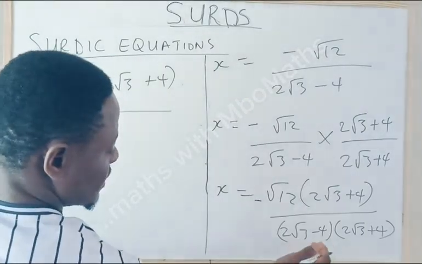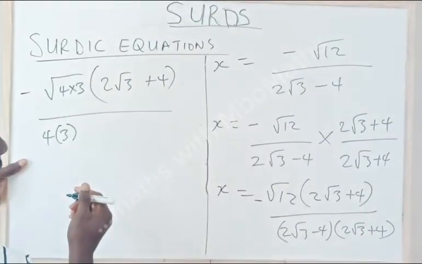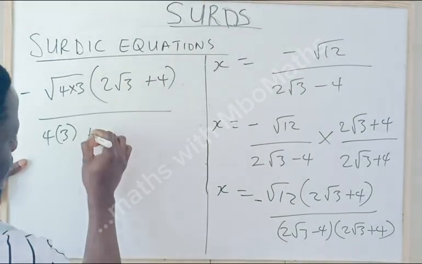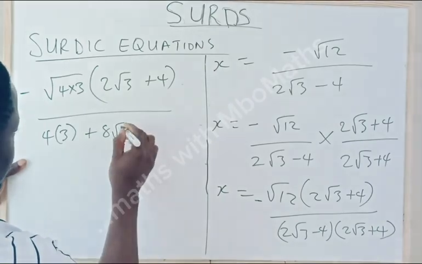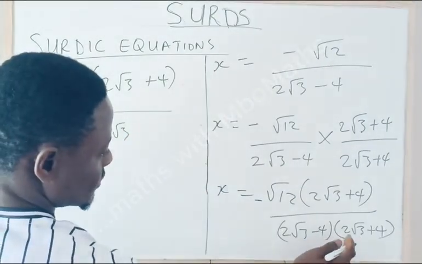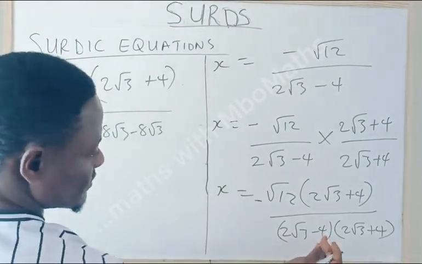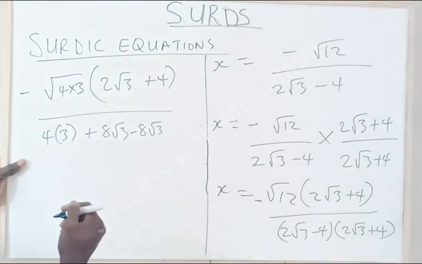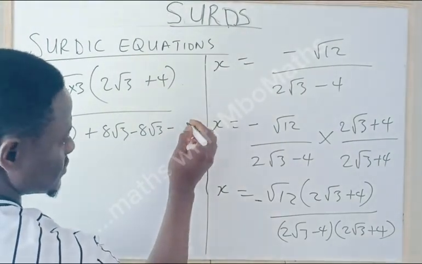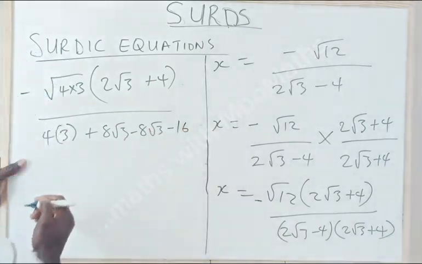Then 2 root 3 times 4, we have plus 8 root 3. Then minus 4 times 2 root 3, minus 8 root 3. Lastly, minus 4 times 4, you have minus 16.